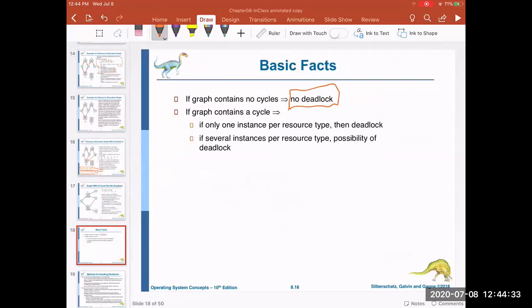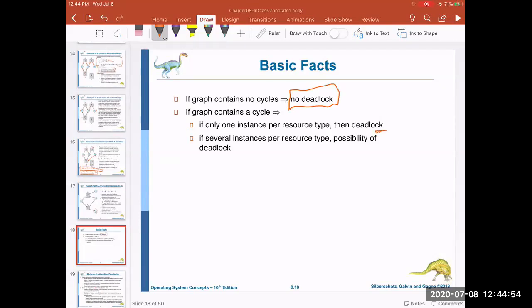So the takeaway conclusion: if a graph has no cycle, no deadlock. If a graph has a cycle, and only one instance per resource is available, like each resource has only one instance, then deadlock would happen.